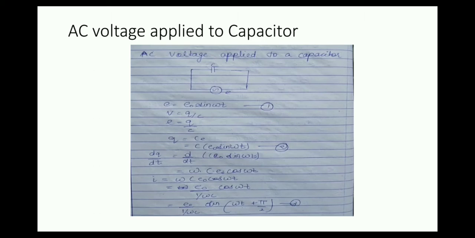Now I equals E0 by 1 upon omega C into sine omega t plus pi by 2. This equation 3 is the representation of the instantaneous current in the circuit.